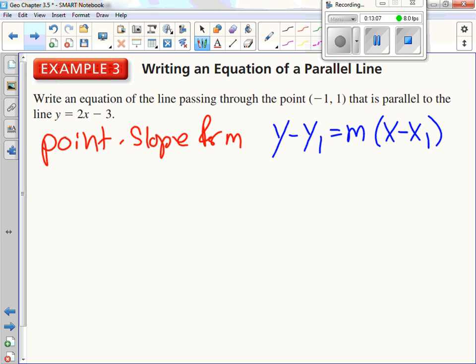So what does this equation have? It has a point and a slope. So I called it point slope form. So looking at this equation is going to make these problems really easier.